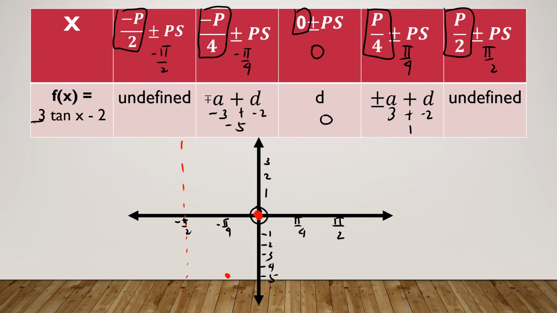For pi over 4, that's 1. And for pi over 2, that's undefined, so we're going to draw an asymptote. After that, we draw the graph by connecting the points, but make sure you draw smooth curves that do not touch the asymptotes. So it will be this one.